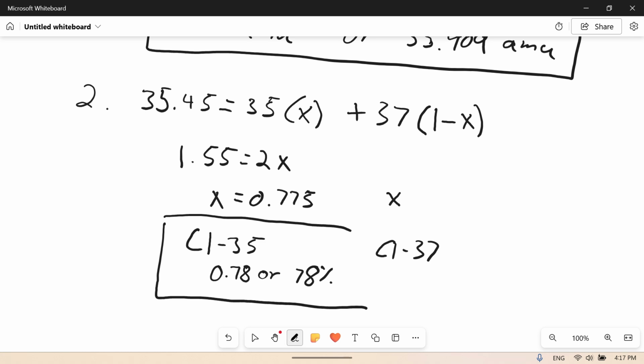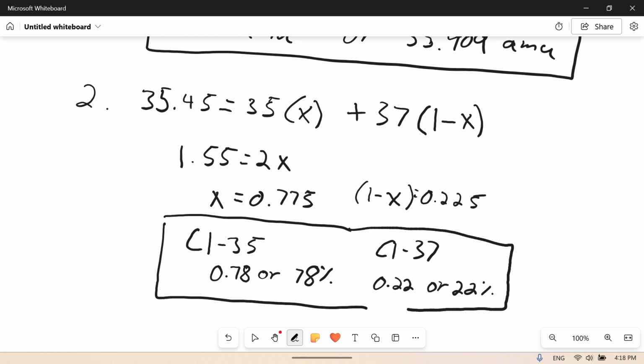With all of those digits, it's about 0.225. And if we round it, we've already labeled chlorine 35 as 78, so these have to add up to 100. I'll say that this is 0.22, or 22%. You kind of have to make some decisions about where this rounding happens, but I want to keep this just to 2 significant figures based on the masses that we had for chlorine.